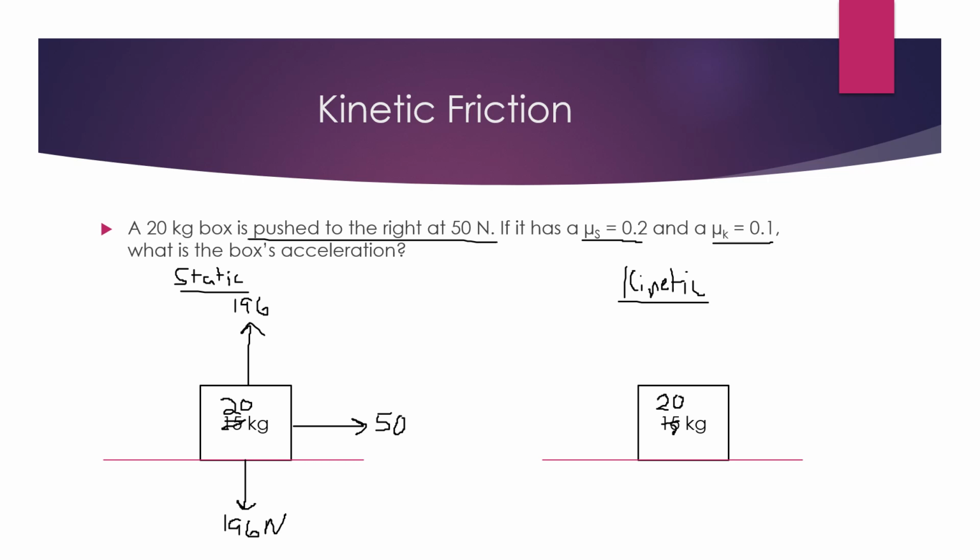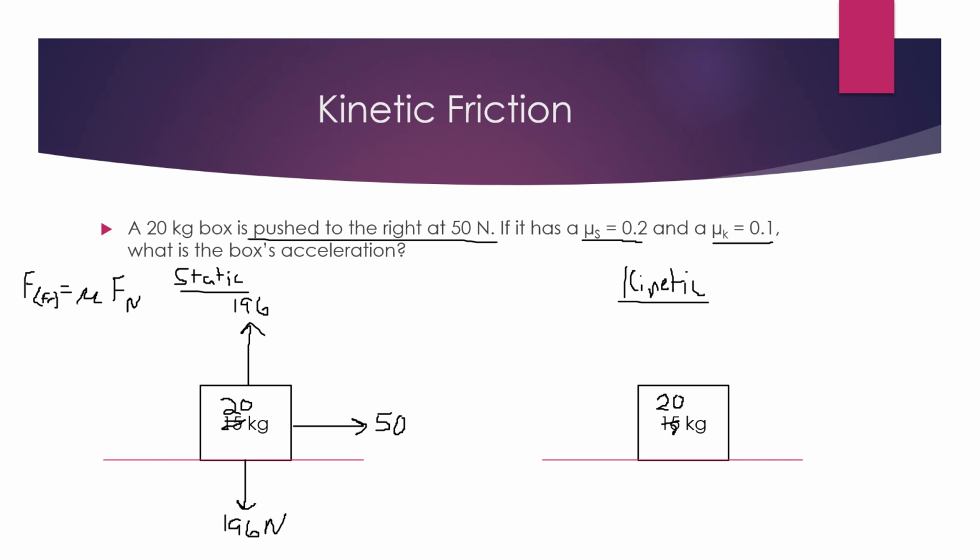Okay. So here's the first question we have to ask ourselves. Does it move? Well, in order for it to move, the push must be bigger than the force of static friction. So how do we get the force of static friction? The force of friction is going to equal mu F of n.